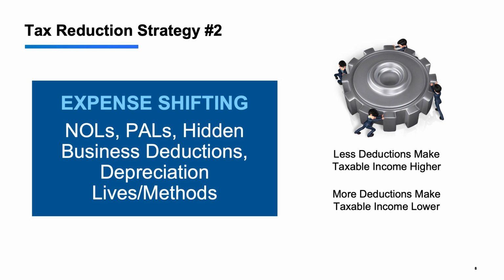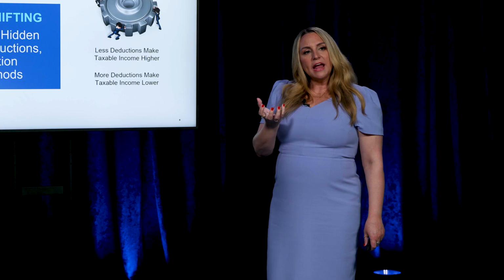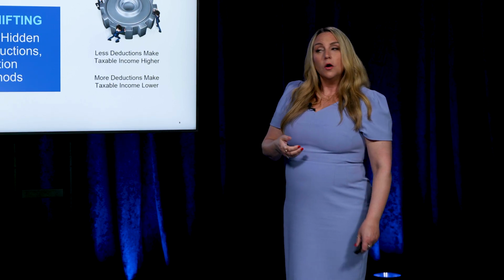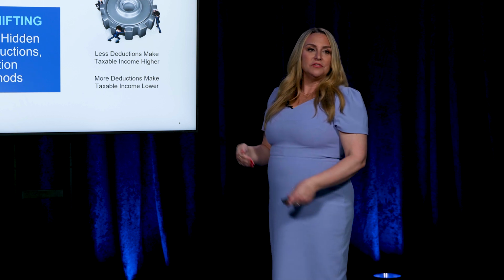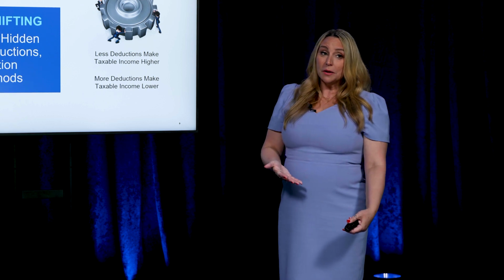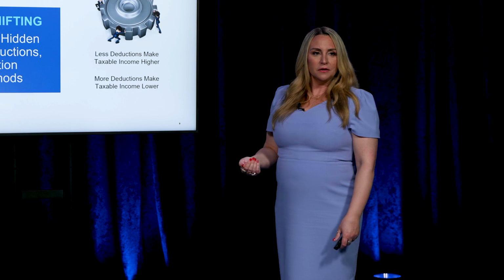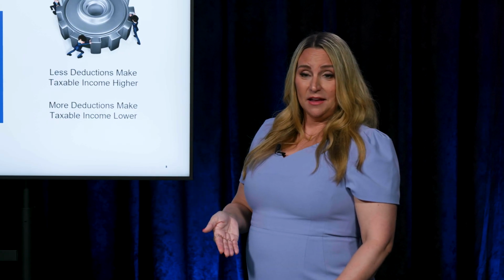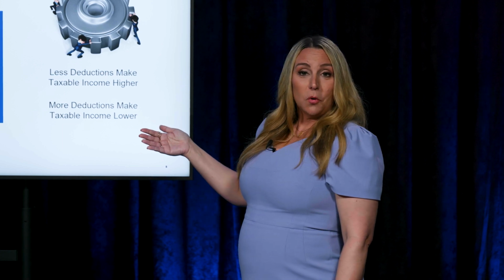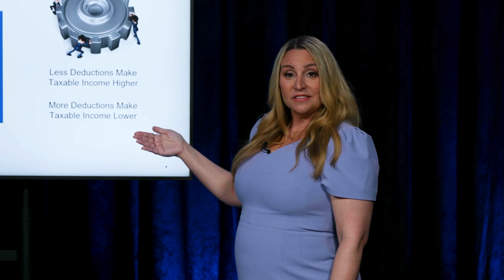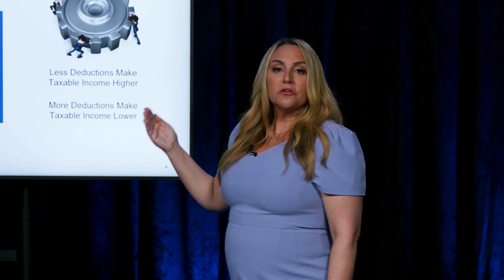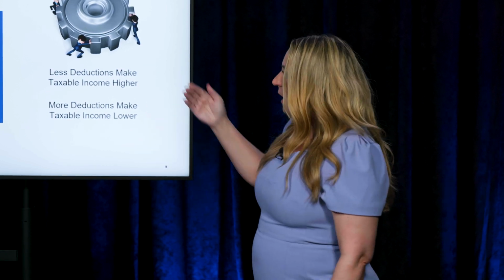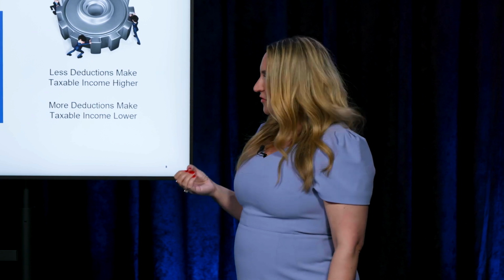And what we're doing with a net operating loss is we're capturing those expenses and moving them to another year where they might be more advantageous. Why would you want to move an expense to a different year? Really simple. Let's say you're in a low tax bracket today and you're aspiring to earn more and the business grows and becomes successful. It may be worth more to the taxpayer in the future. We can accomplish that with expense shifting.